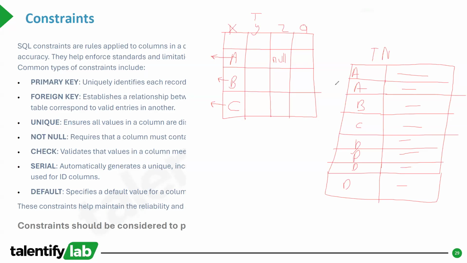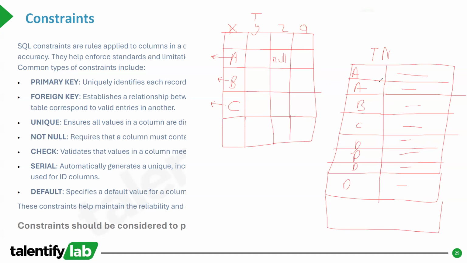So for this kind of issue, to get rid of this memory consumption, I cannot add here something that doesn't exist. For example, A, B, C, we have D. This is the rule in foreign key.